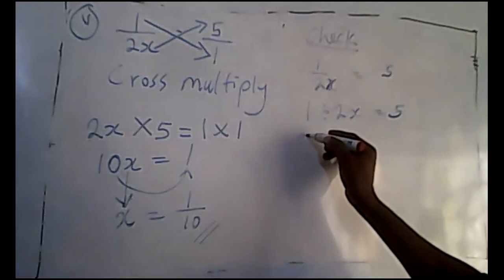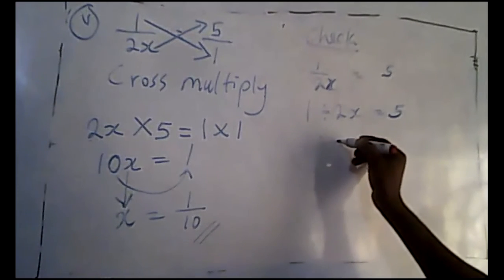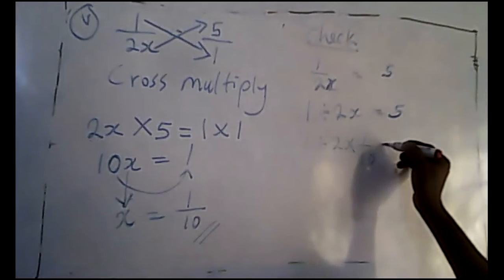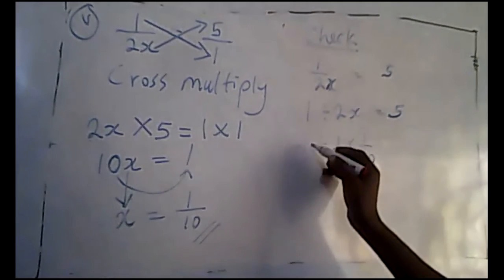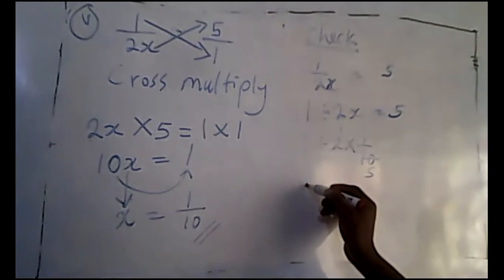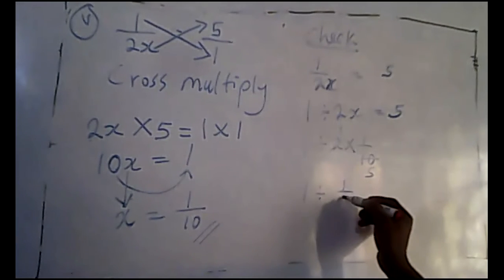So we have 1 divided by 2 times 1 over 10. Let's see if it will give us 5. 2 times 1 over 10 is 2 over 10, which is 1 over 5. So you have 1 divided by 1 over 5.